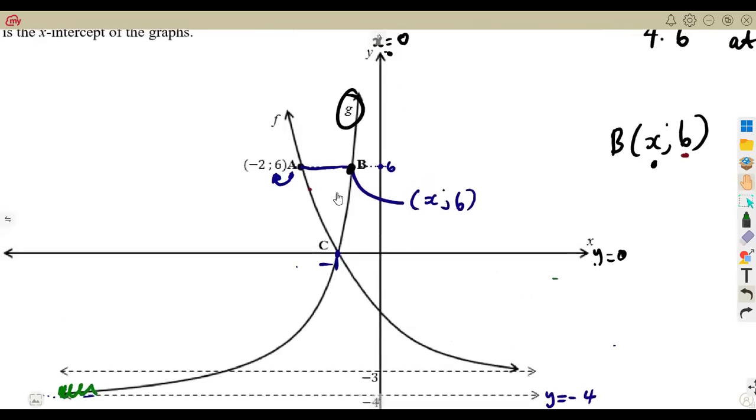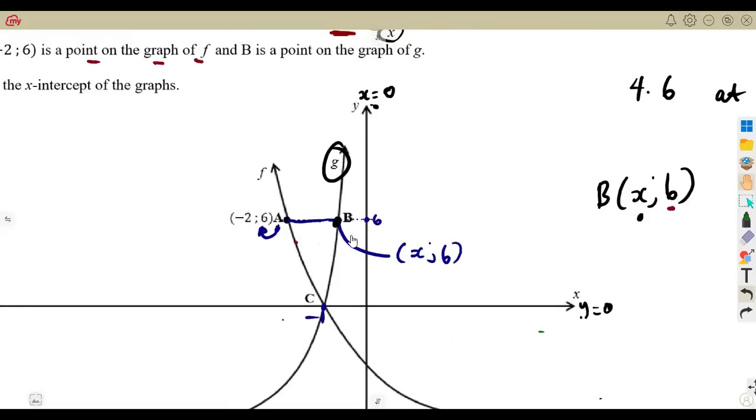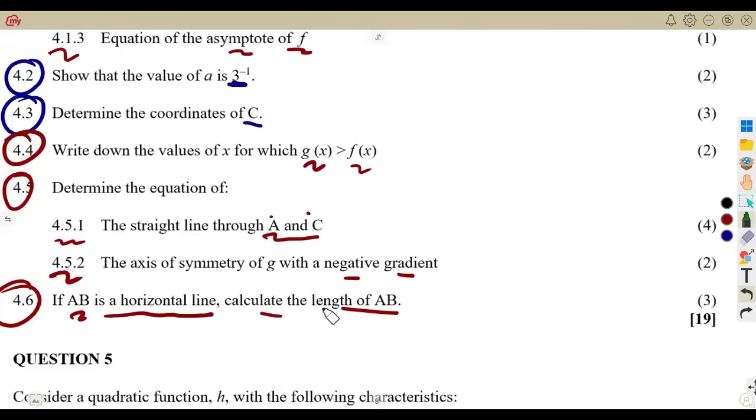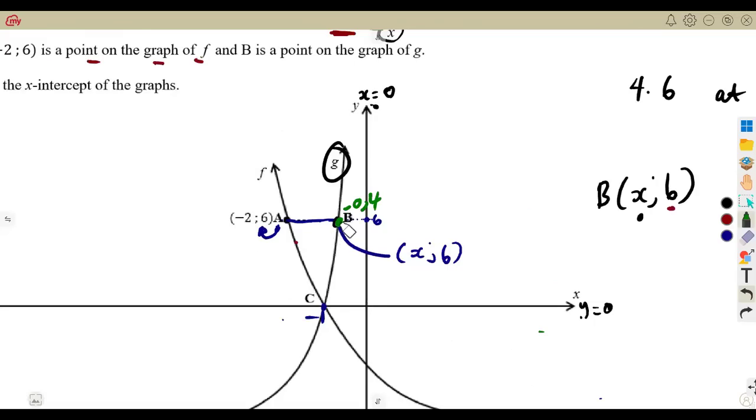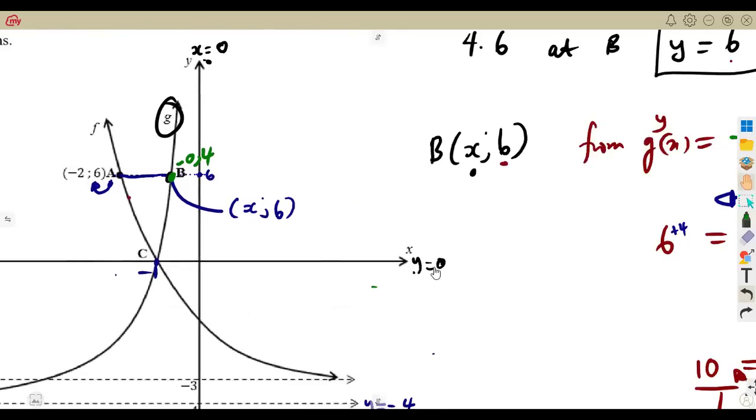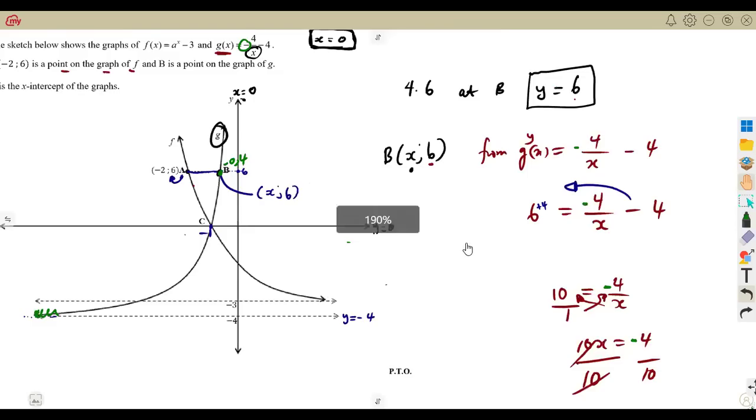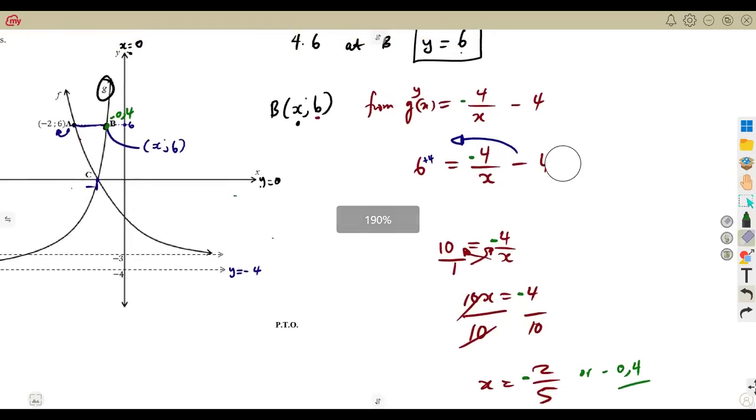At this point here, we have got the x value. The x value is minus 0.4 or minus 2 over 5. So what is the distance now? Calculate the length. Remember the issue of a horizontal line, guys. This is what I want you to take note of.